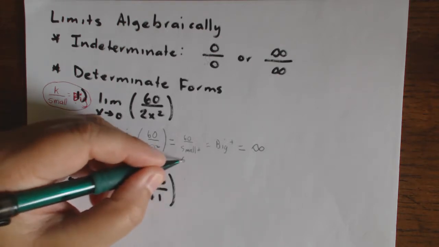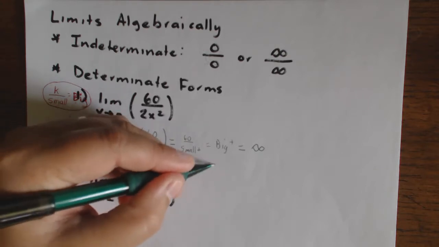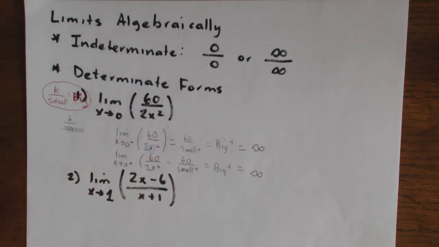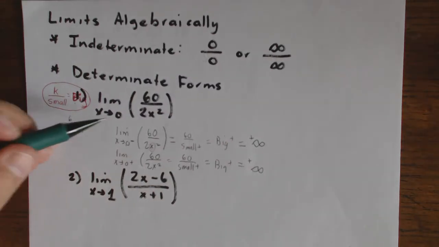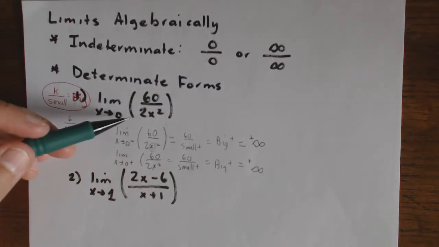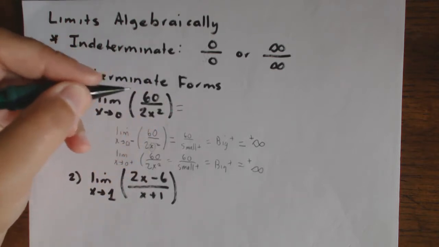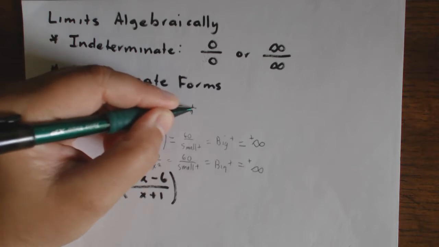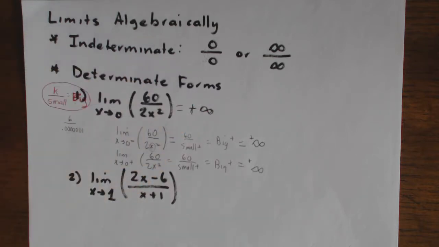You get 60 over a small positive, and that's going to give you a big positive, and that's going to go to positive infinity. So they both head towards positive infinity. The limit does not exist. Okay? That is not a limit. However, it is a limit that does not exist that we can describe as heading towards positive infinity. So that's what we write down.